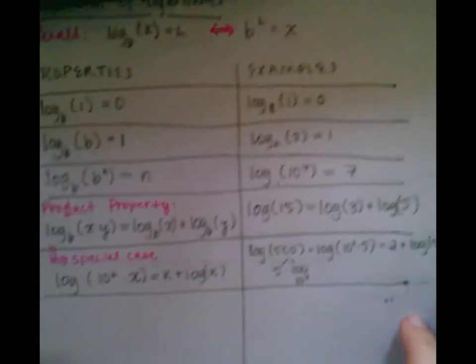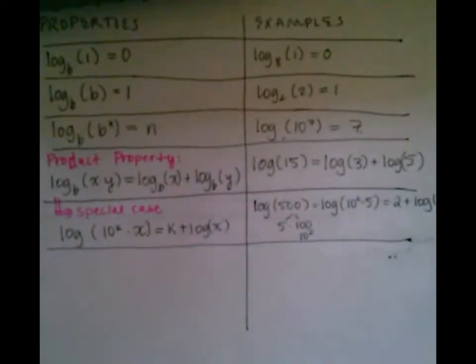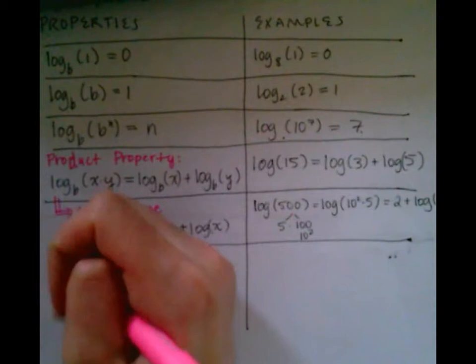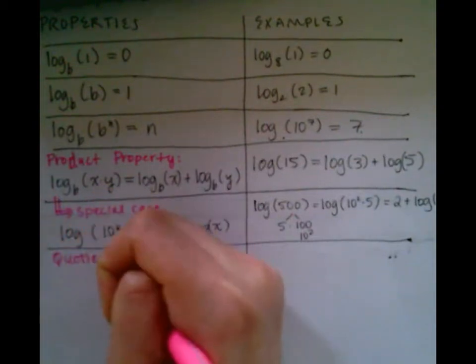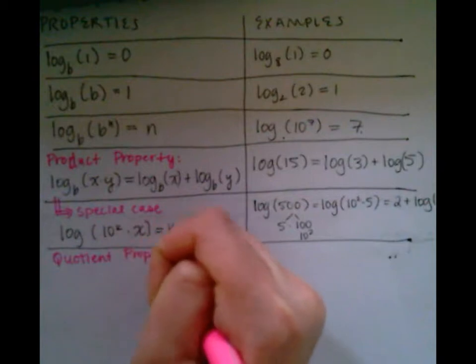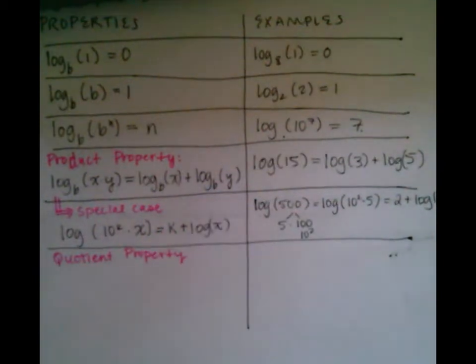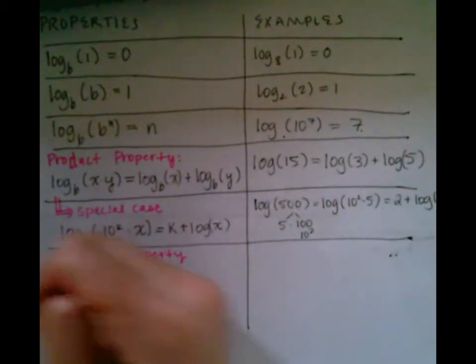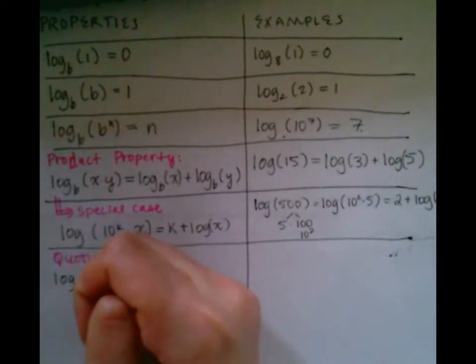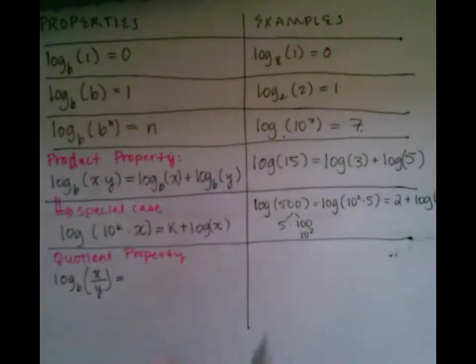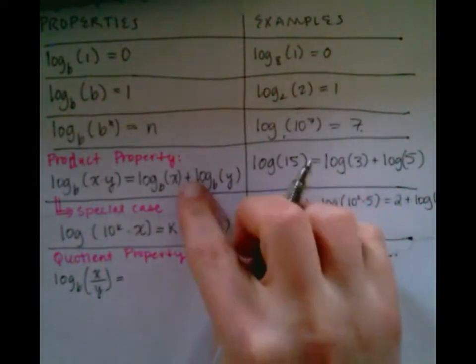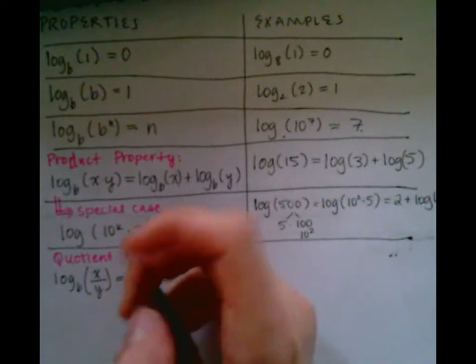And then the next property I'm going to introduce is something called the quotient property. Quotient, remember, means division. So if we have log base b of x divided by y, it's going to be similar to the product, except instead of a sum, we're going to end up with a difference.